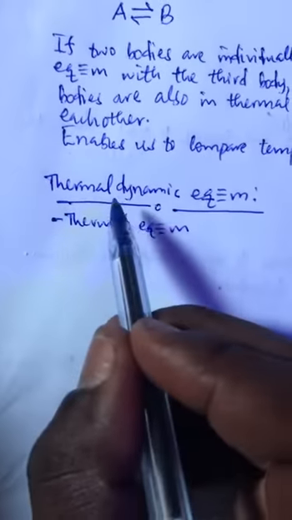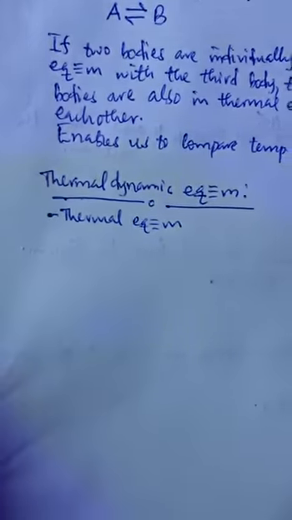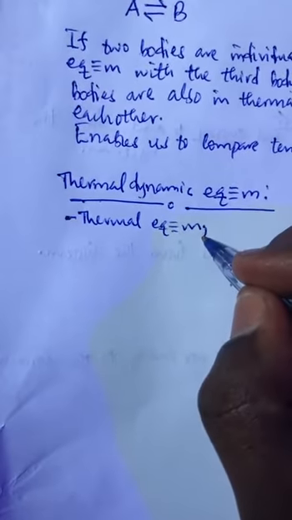So we are saying that a system is said to be in thermodynamic equilibrium if it is in thermal equilibrium, chemical equilibrium and mechanical equilibrium. So these are the three states.